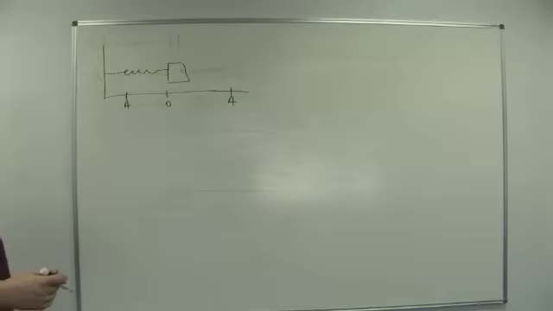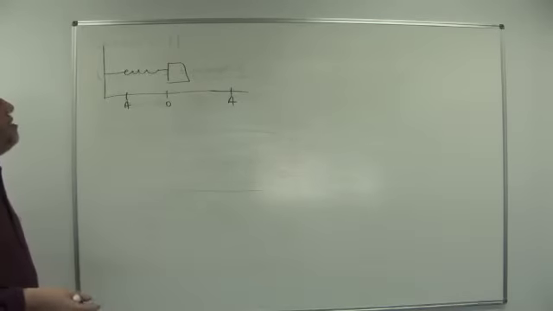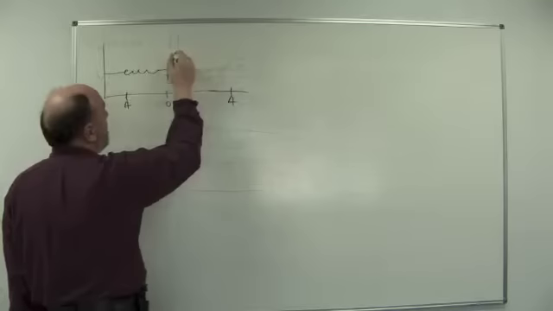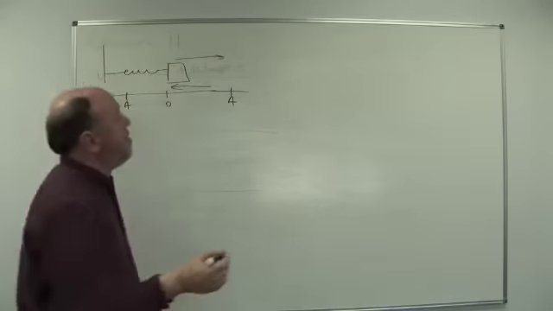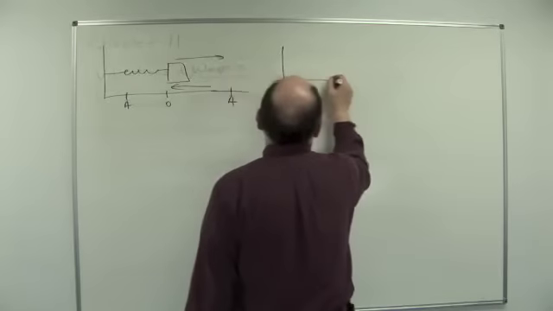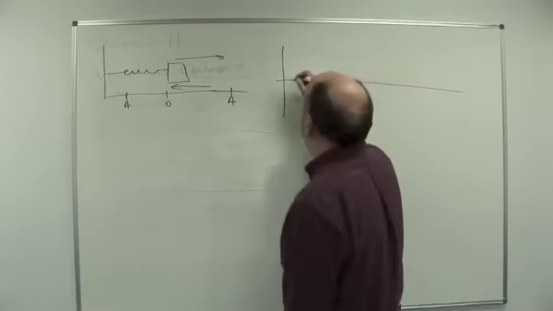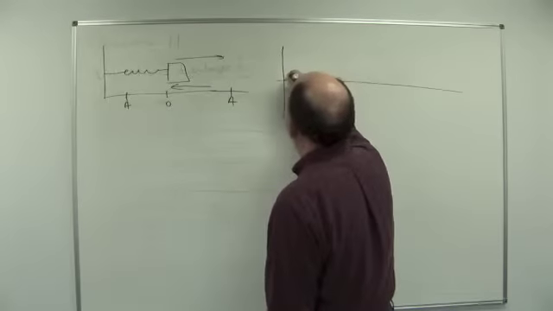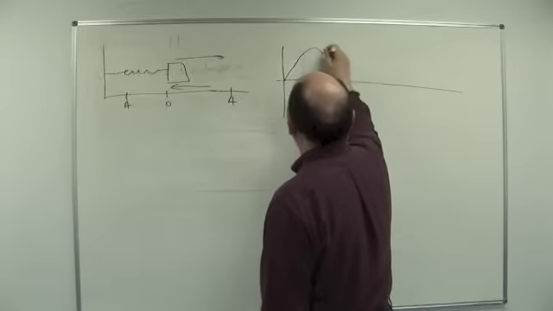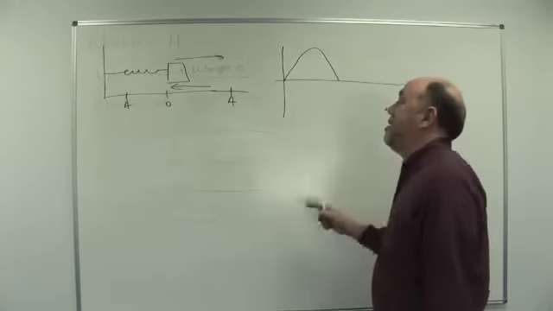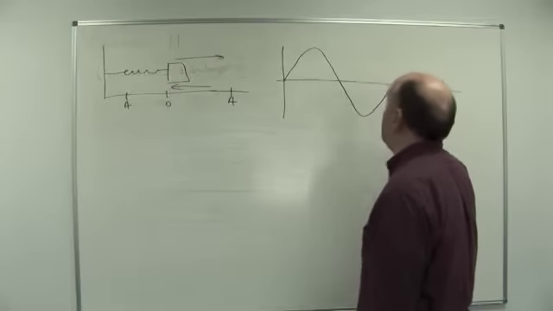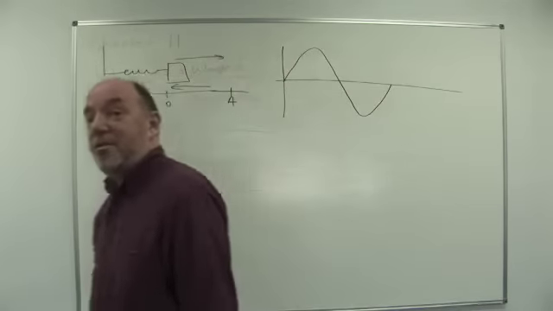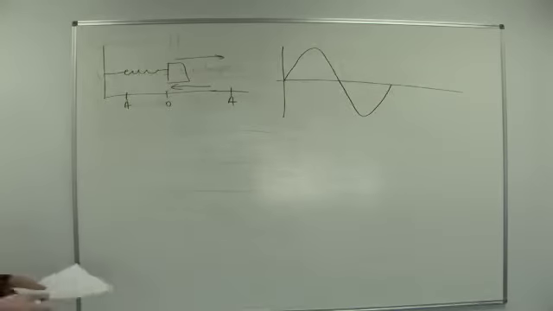If I think of a scroll of paper going behind this as it moves, and it goes out this way first and then comes back, and I graph what's happening, it will start at 0, go out to a maximum point, come back down to 0, then go in the negative direction, reach the maximum point, and come back. It will keep doing this over and over, and that is our picture of a sine wave.